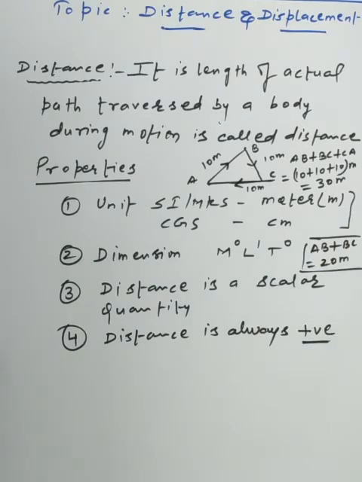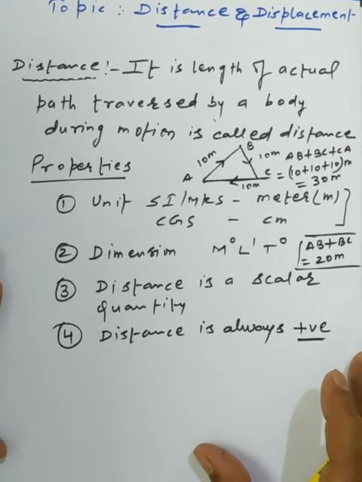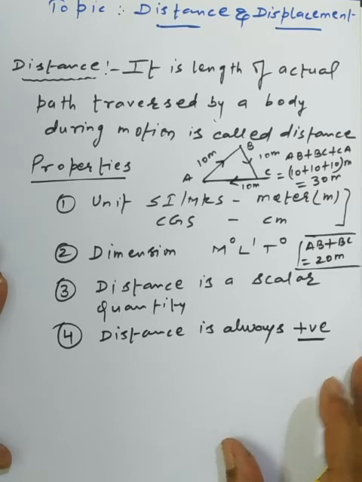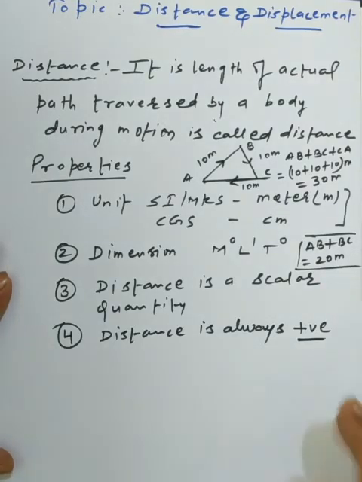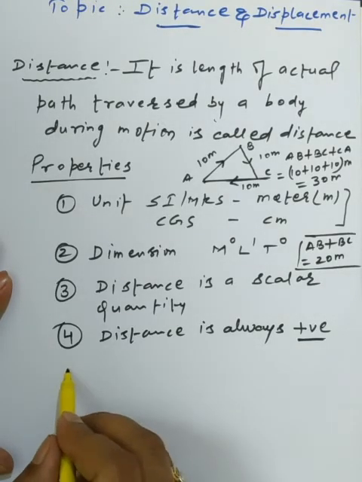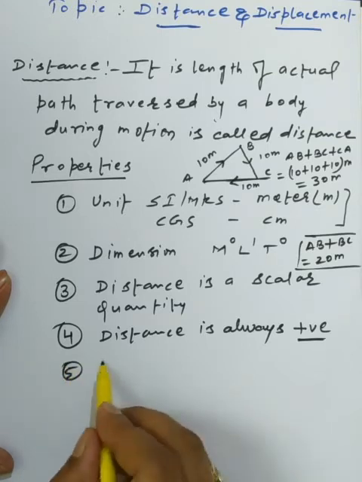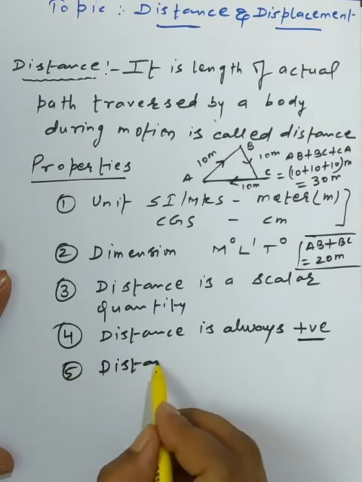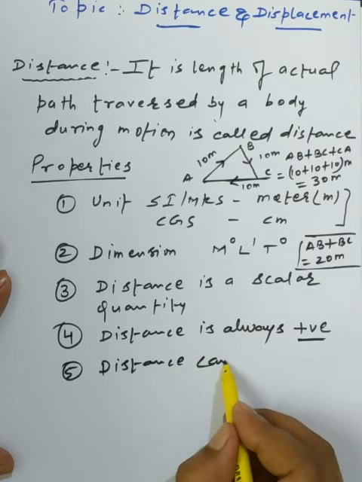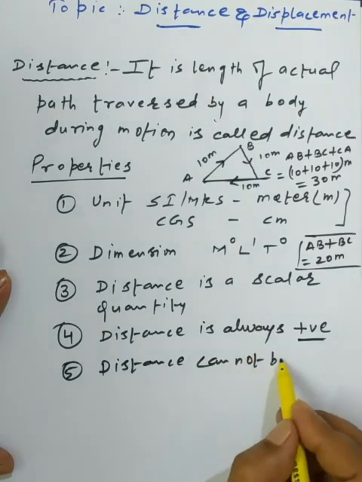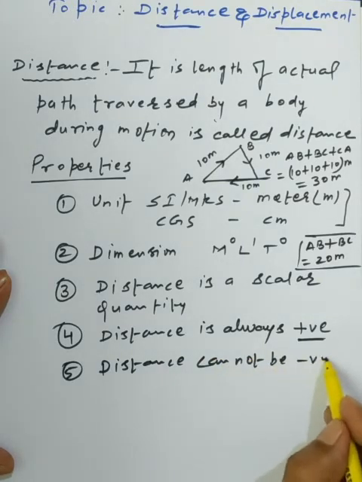There are many geometrical shapes on which the object can move in numerical problems. So distance is always a positive quantity. It can't be negative.